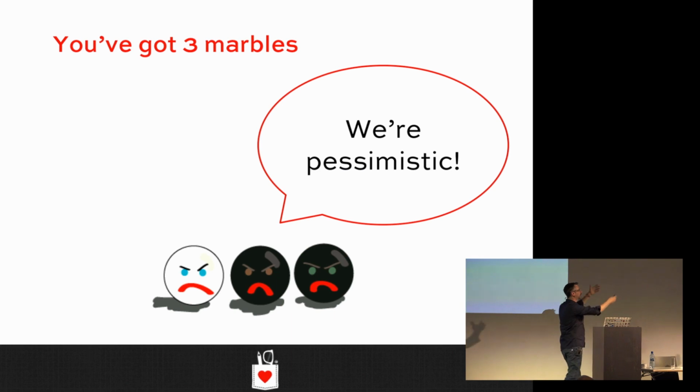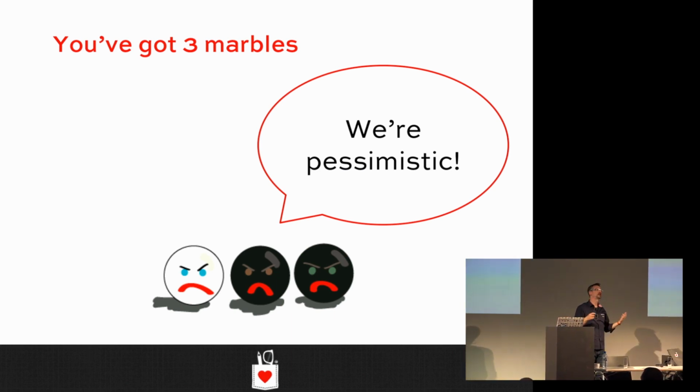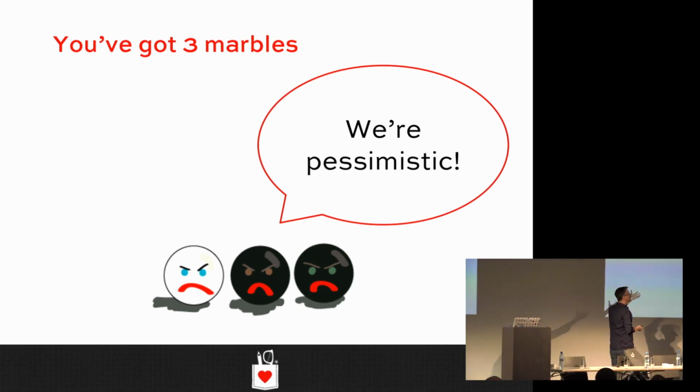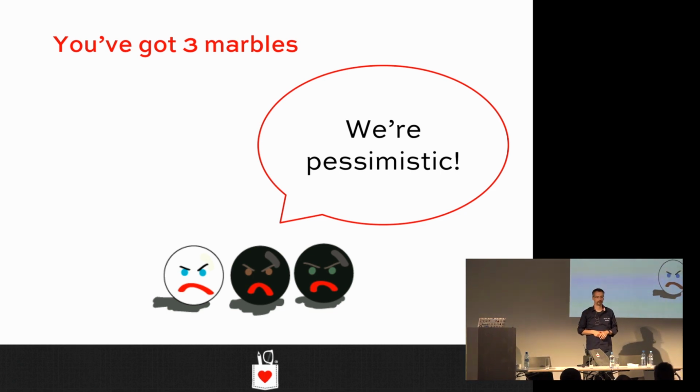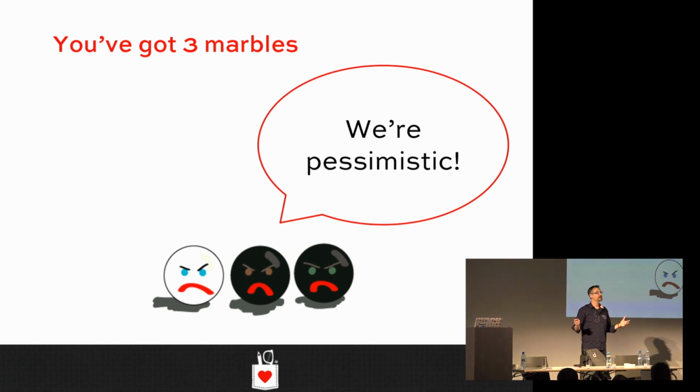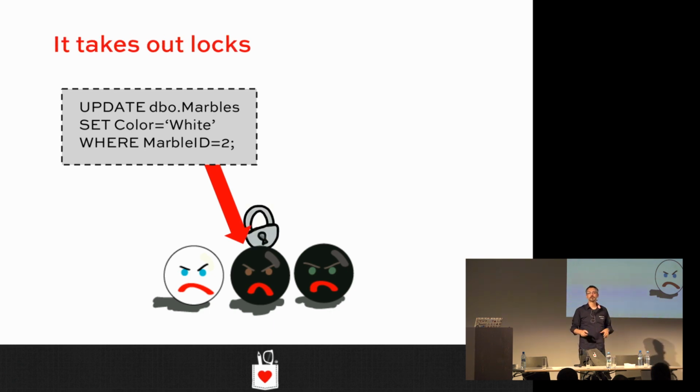So let's say that our data consists of 3 marbles. We have a white marble and 2 black marbles. I'm going to call this marble ID number 1, marble ID number 2, and marble ID number 3. If I start an update statement and I say, go change marble number 2 and change its color from black to white, what SQL Server is going to do is go take out a lock on marble ID number 2.